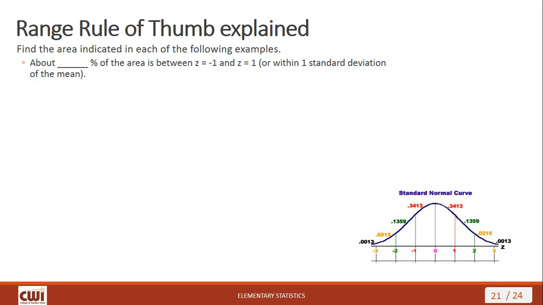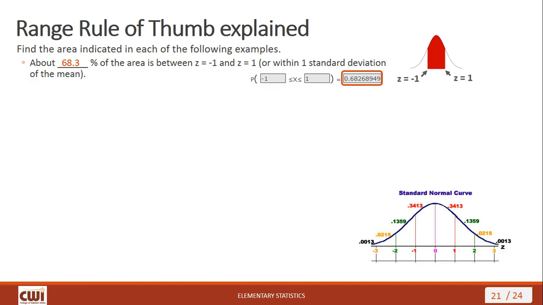From the empirical rule that we've discussed previously, you should know that it's about 68%. But if you calculate it in StatCrunch using the between option, this is where that number actually comes from. It's about 68.3%, which comes from the area between z equals -1 and z equals 1.